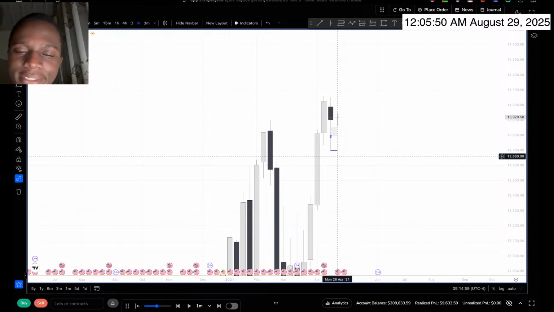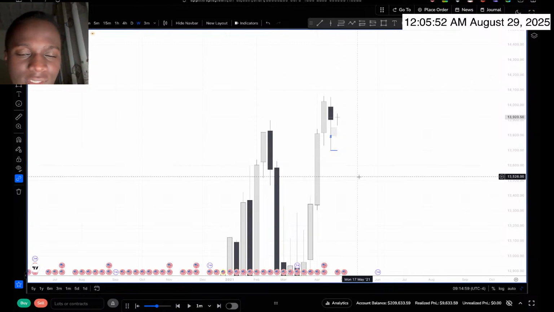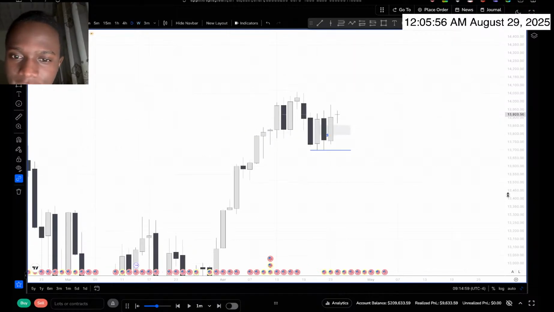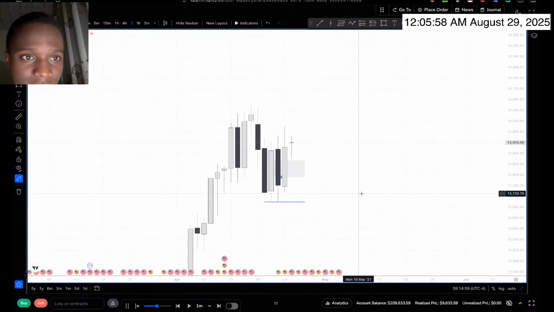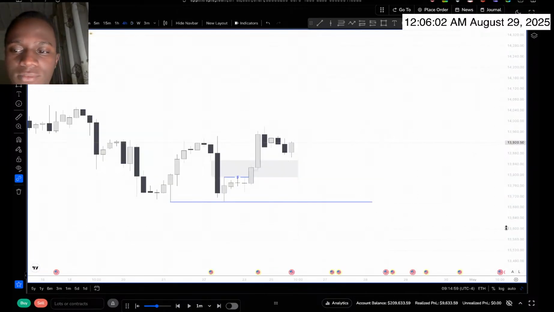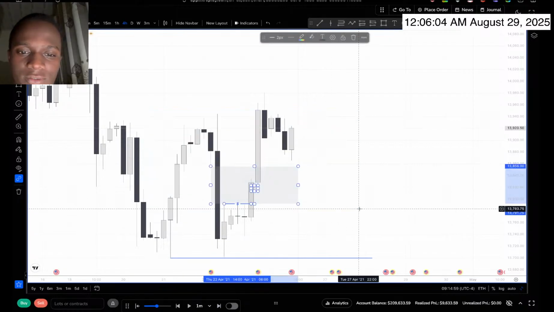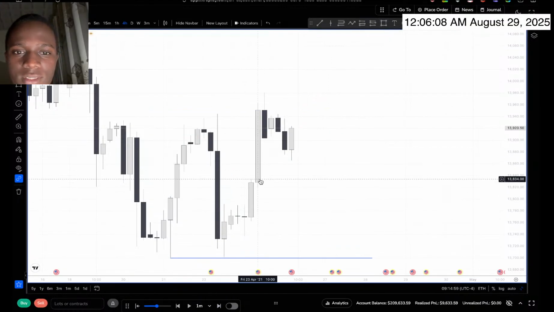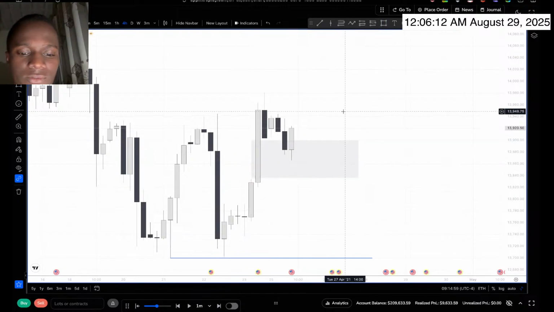Well, it's the weekly time frame that we're rejecting this nice fair value gap, so I'd like to find some confluences to go higher. Don't have a strong sweep, so it will be kind of hard. Another gap here on the 4 hour.